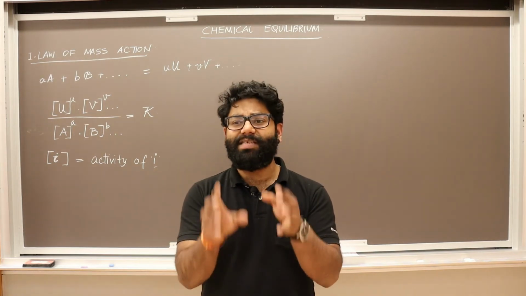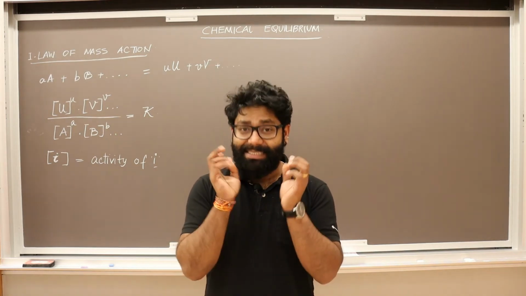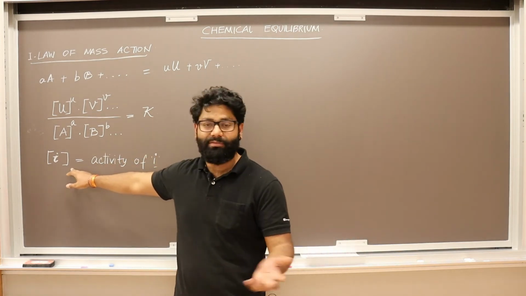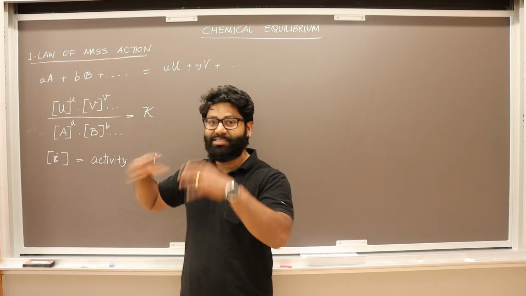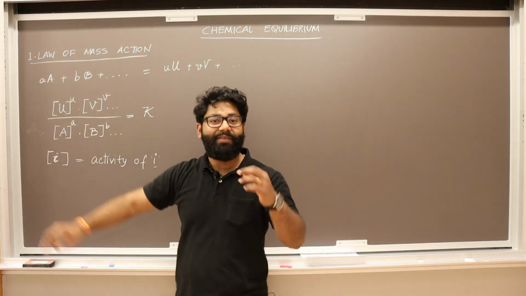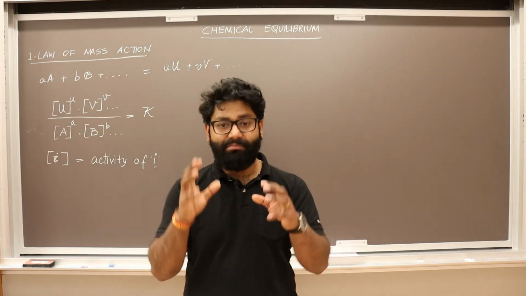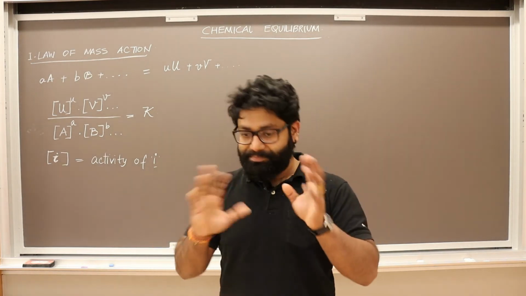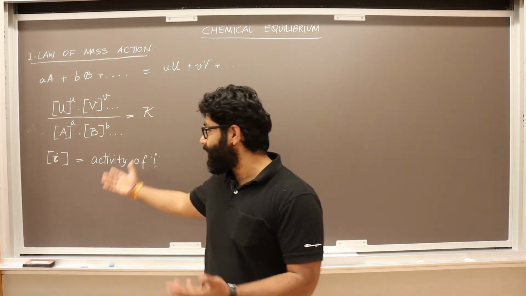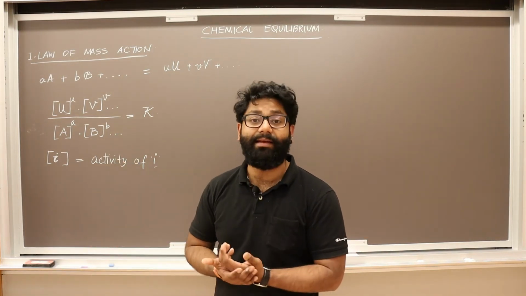So if the solution is extremely dilute, then concentration is fine. If the concentration is really small, you can use concentration values in here. But if the concentrations are even slightly higher, even like 0.1 molar or something like that, it might not be valid, right?